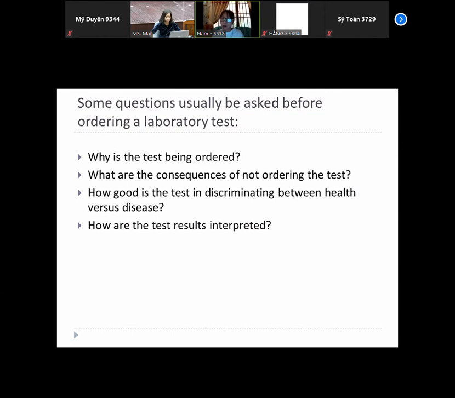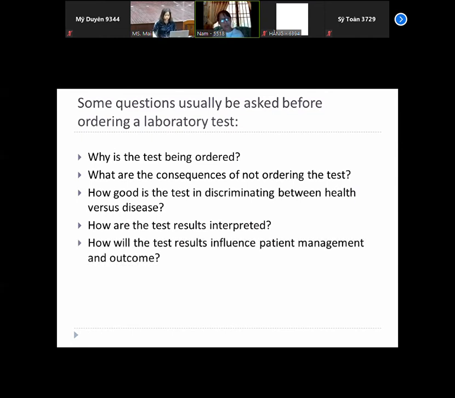How are the test results interpreted? And the last is how will the test results influence patient management and outcome? Explaining these questions to the patient is very important because it will affect their decision and help them make the right choice.